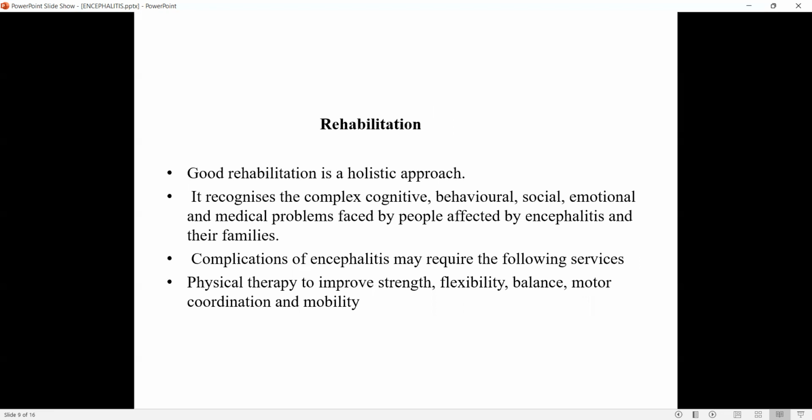Rehabilitation. Good rehabilitation is a holistic approach. It recognizes the complex cognitive, behavioral, social, emotional, and medical problems faced by people affected by encephalitis and their families. Complications of encephalitis may require the following services: physical therapy to improve strength, flexibility, balance, motor coordination, and mobility.